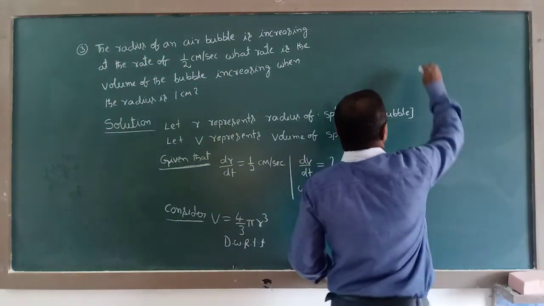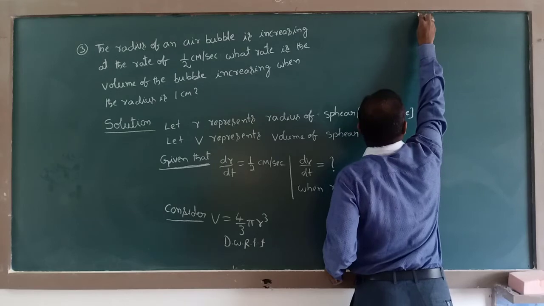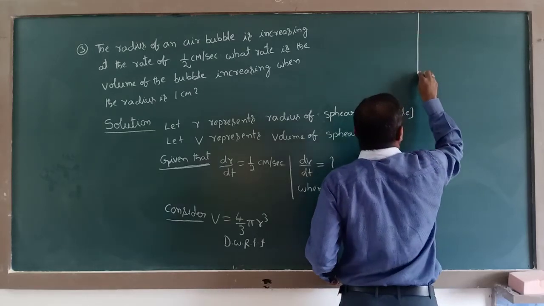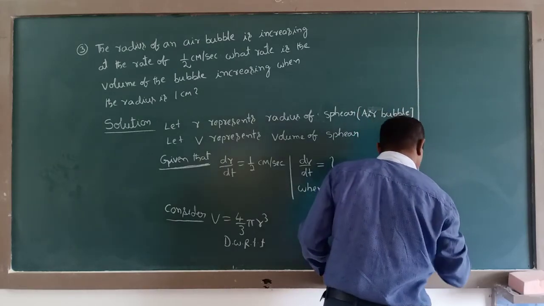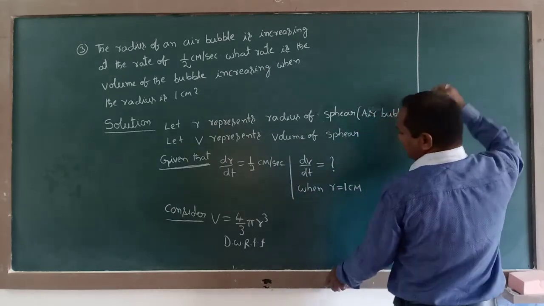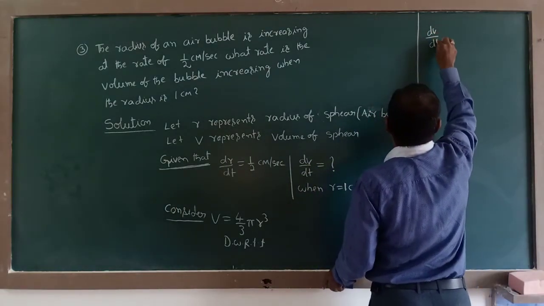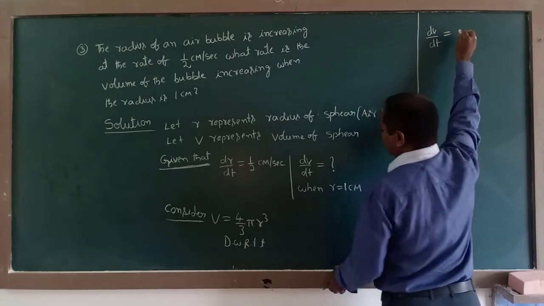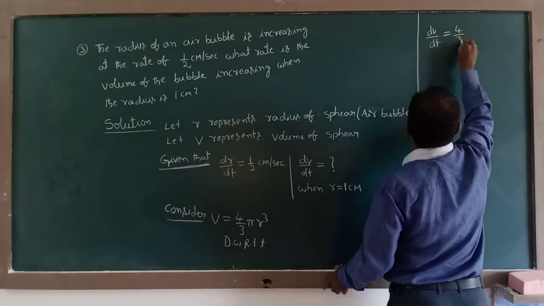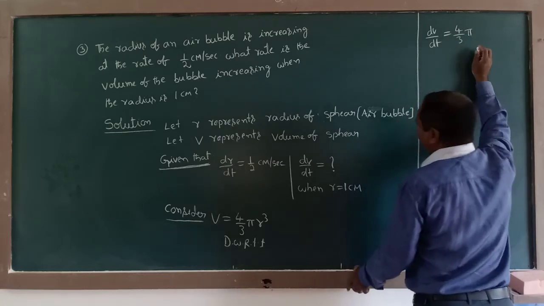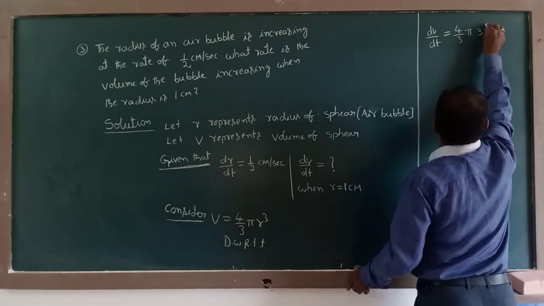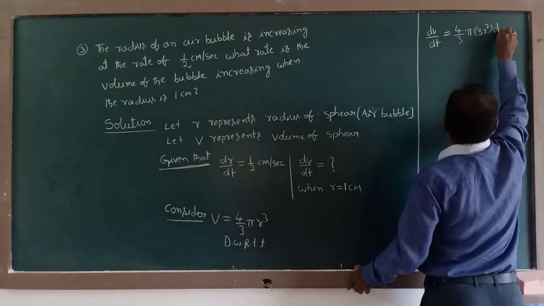Say here, dv by dt is equal to 4 by 3 pi into 3r square into dr by dt.